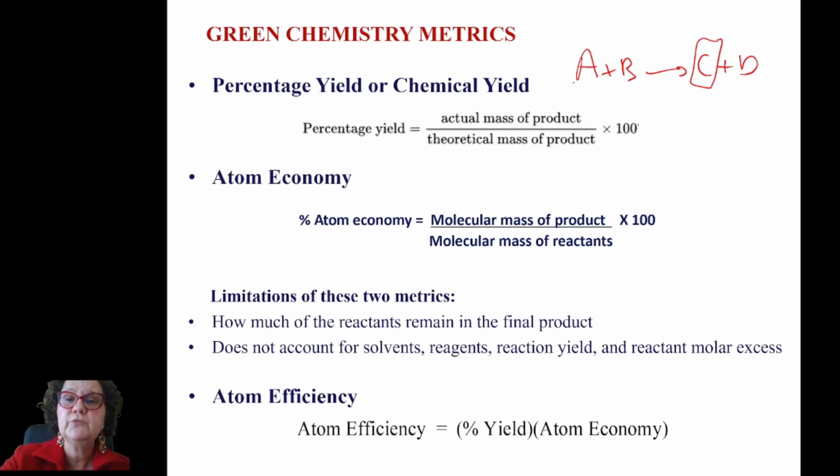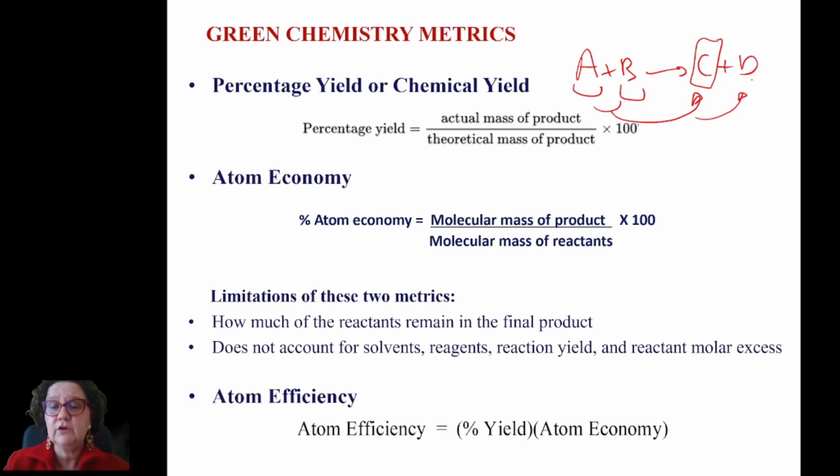In this case, how many atoms of A and B actually make it into C, and how many make it into byproducts, D, that we are not aiming for? That's what atom economy tells you: the molecular mass of the product divided by the molecular mass of the reagents, times 100 because it's a percentage.